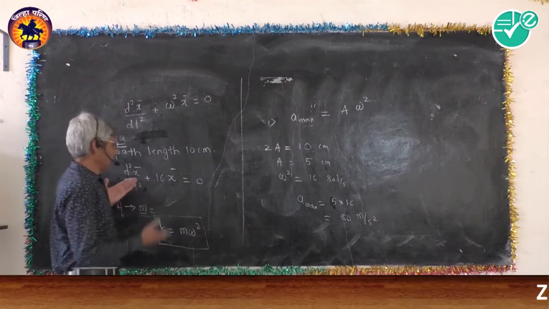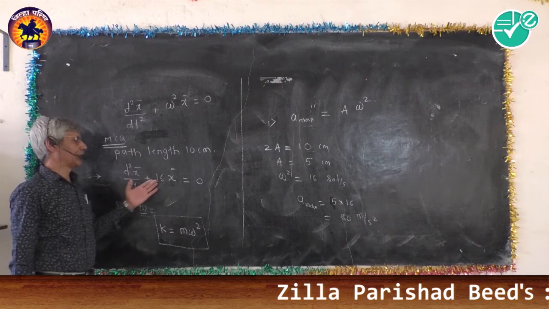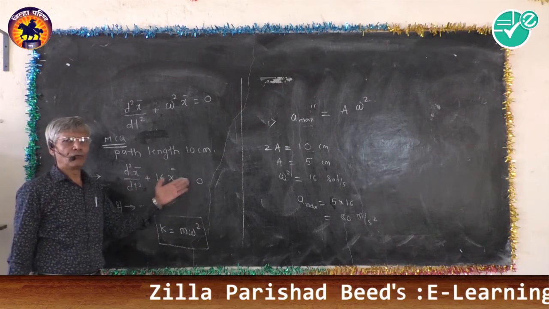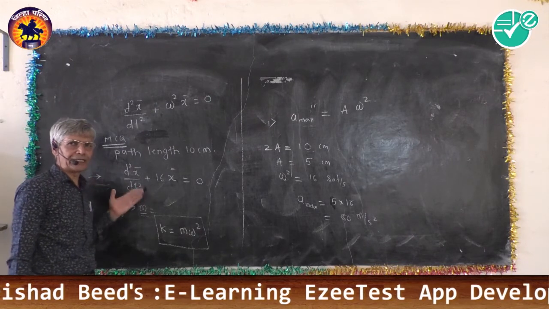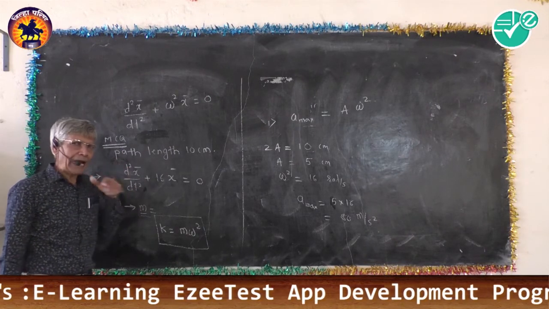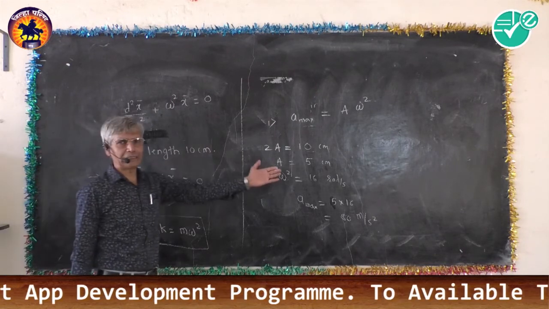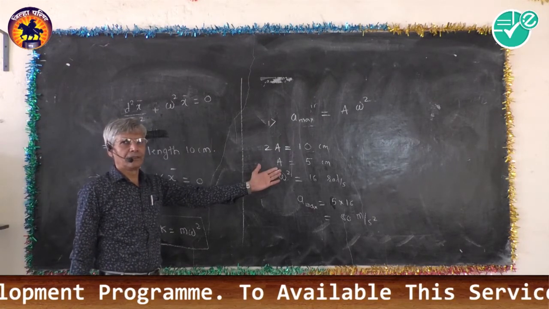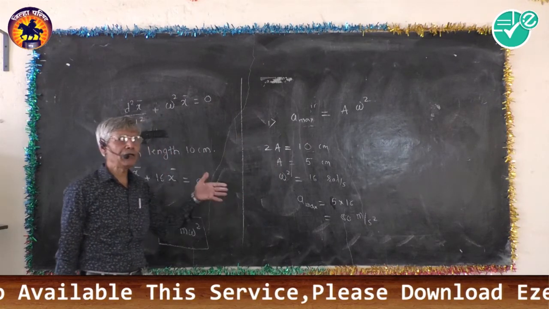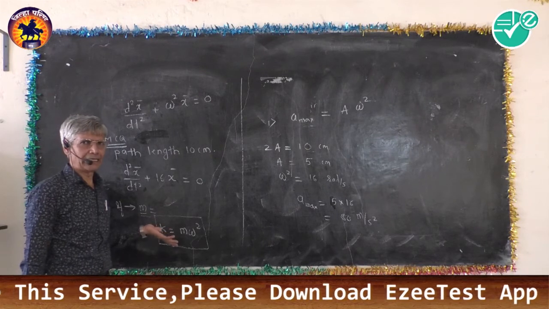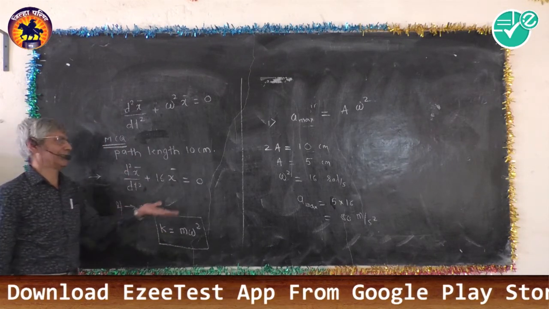For example, if only this differential equation, d2x by dt2 plus 16x is equal to 0, is given, we can find omega square, omega, capital T, and f. If the amplitude is additionally given, then we can find acceleration. Other things can also be calculated. However, we have not discussed them earlier. We have started with this differential equation, so we will discuss it later.